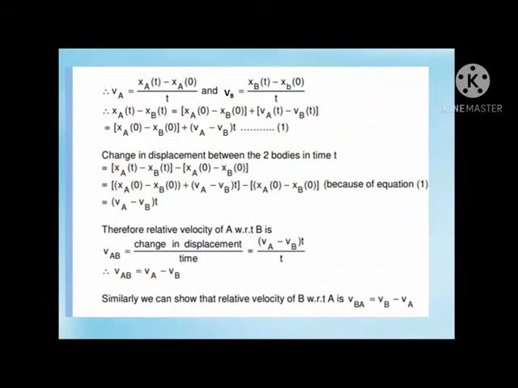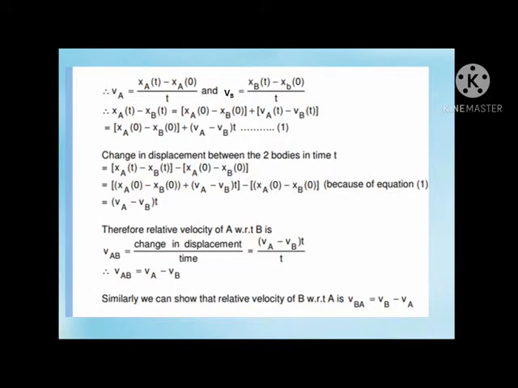Then what is the velocity? Velocity is the change in position divided by time. Based on this, the velocity of A is xat minus xa0 divided by t, and the velocity of B is xbt minus xb0 divided by t.